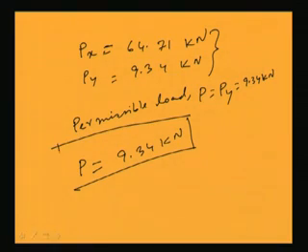We have checked where the maxima may happen, and we see that the maximum load which can be carried by the joint is 9.34 kilonewton. So, this is a typical example showing how to calculate different types of stress for a particular problem and how to check it in different ways.